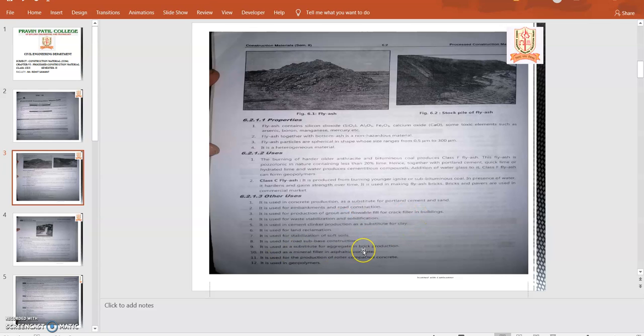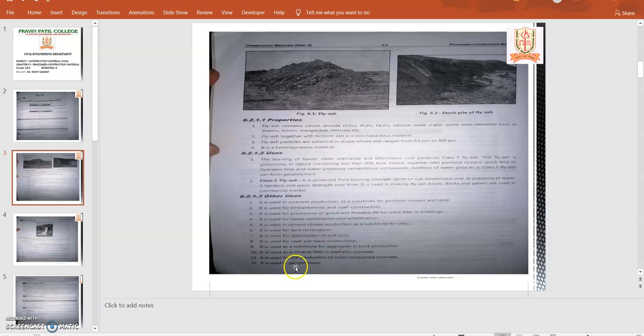So it is a great replacement for the Portland cement and the sand, as well as for the clay. It is used for land reclamation. Then it is used for the stabilization of soft soil. It is used for road sub-base construction. It is used as a substitute for the aggregate in brick production. Then it is used as a mineral filler in asphaltic concrete.